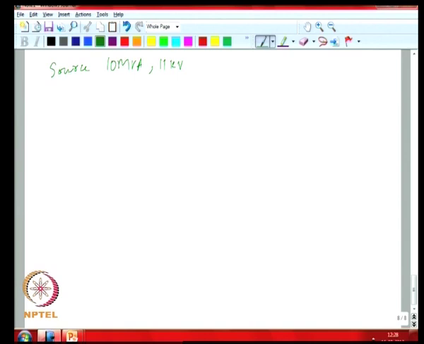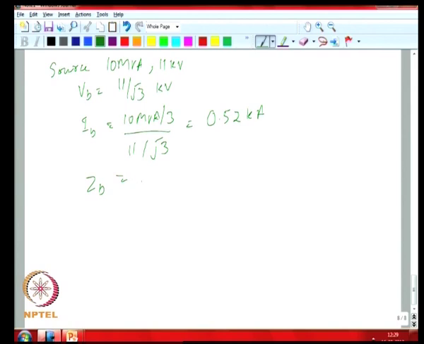So, your VB is 11 by root 3 kV, I base, and your Z base is your VB by IB, which is 12.1 ohms.